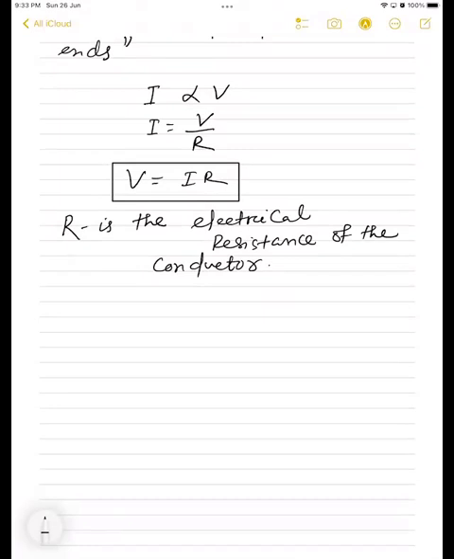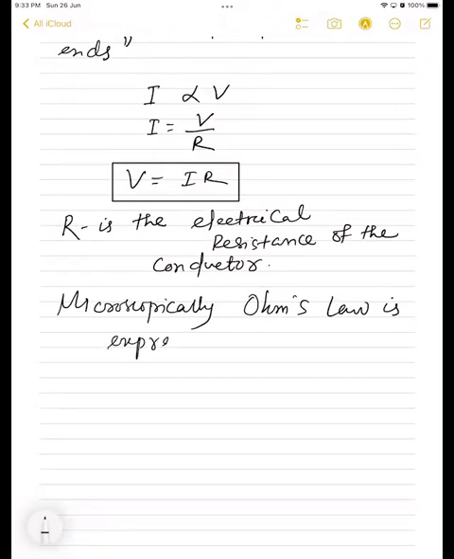So microscopically, Ohm's law can be expressed as, students, write: J is equal to nevD, correct?